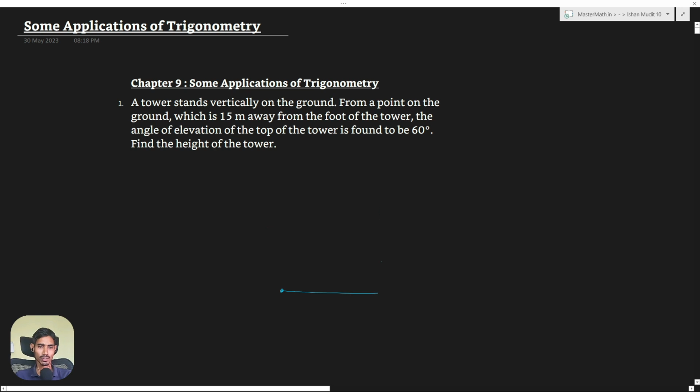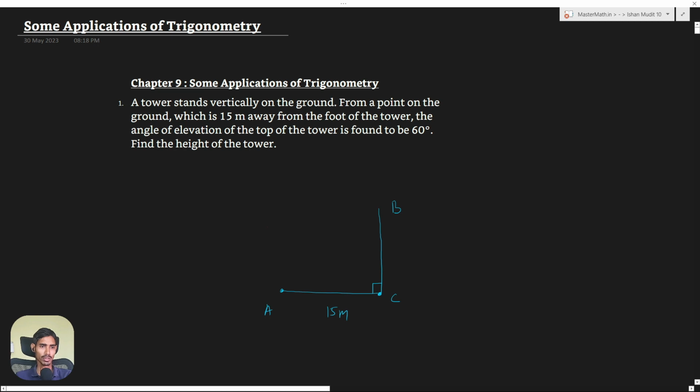This is going to be our tower, A, B, C. Now C is, hopefully the architect did a decent job, 90 degrees.